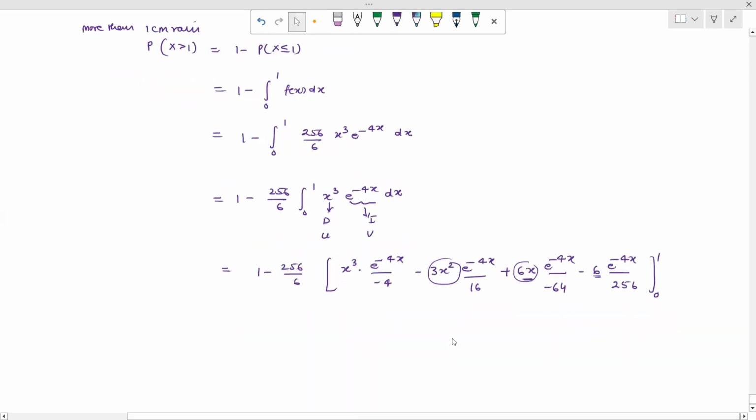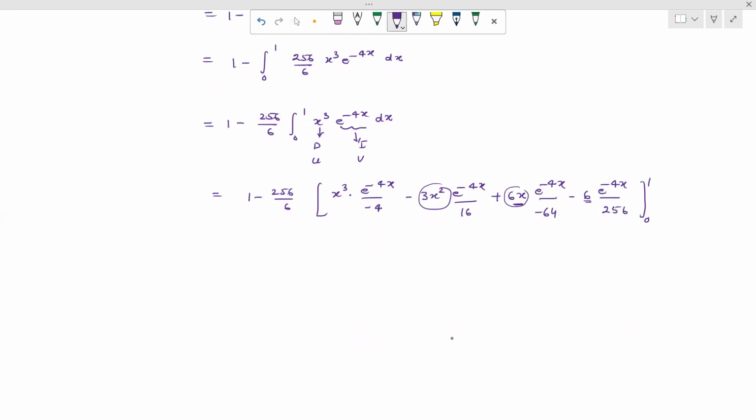So now we put the limits. We can write this as 1 minus 256 upon 6 into, when we put x equal to 1: 1 cube is 1, 1 into e raised to the power minus 4 upon minus 4, minus 3 e raised to the power minus 4 upon 16, plus 6 e raised to the power minus 4 upon minus 64, minus 6 e raised to the power minus 4 upon 256.